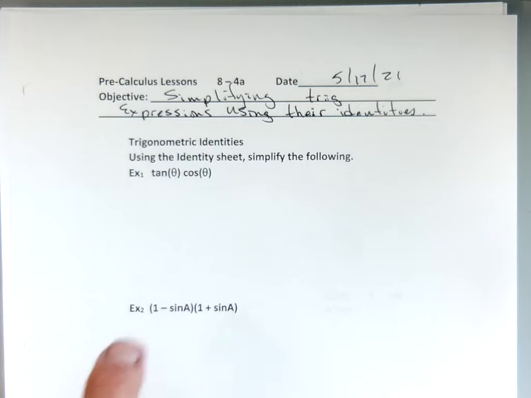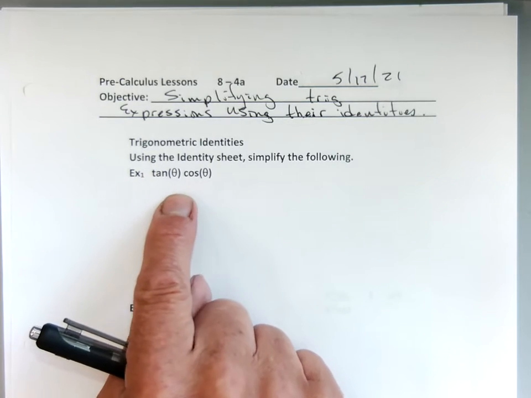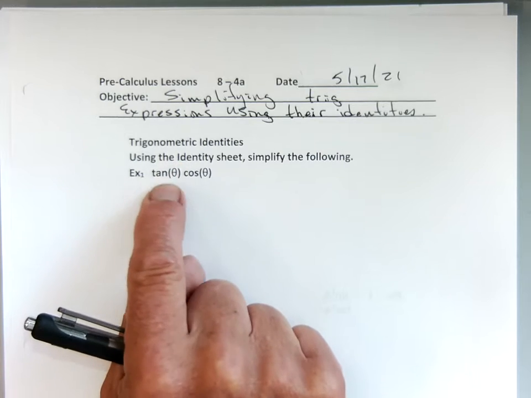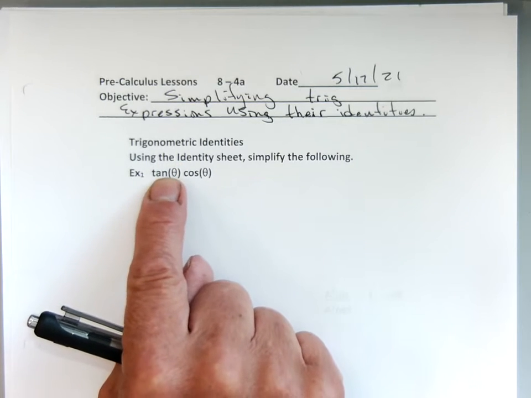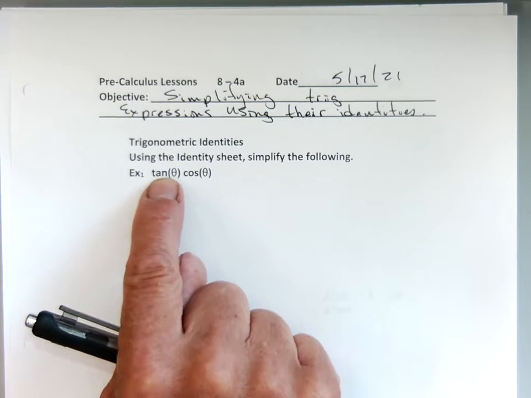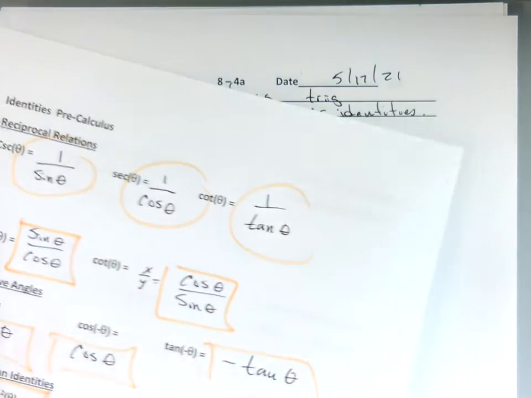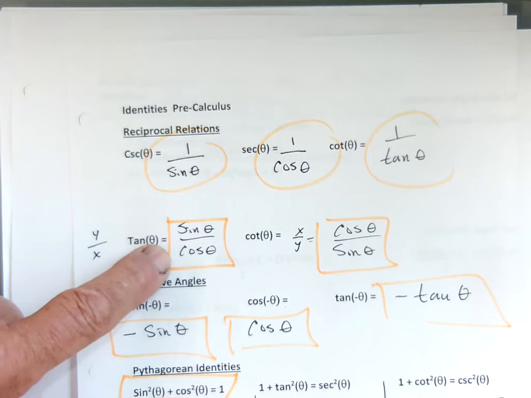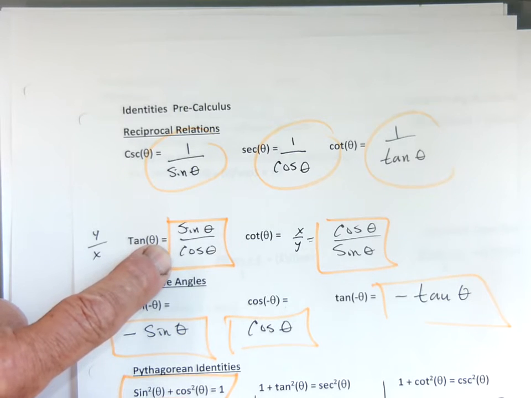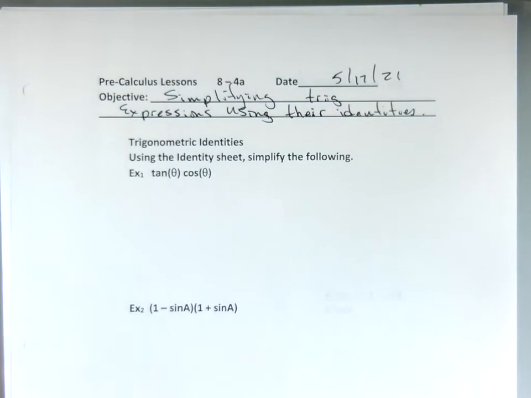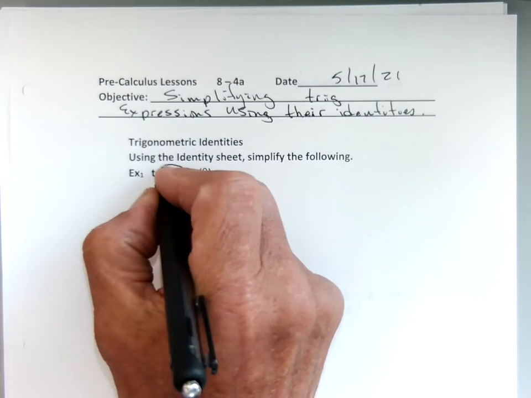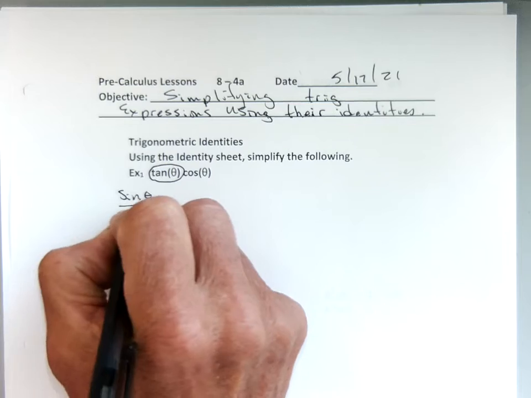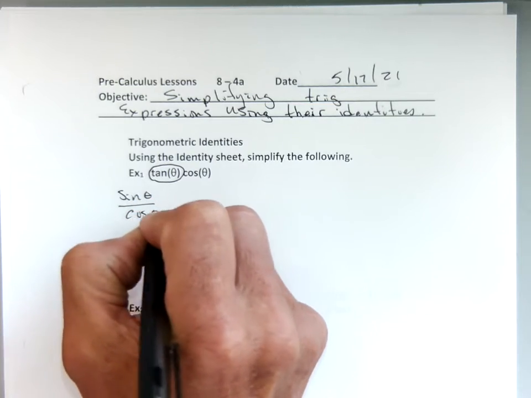So when I look at number 1, I see tangent and cosine. Well, believe it or not, we're going to make this reduce and look simpler, okay? So one of the things I could do is use my identity sheet, and find tangent. What does tangent in my identity sheet say? Sine over cosine, right? So let's rewrite tangent as sine of theta over cosine of theta, okay?